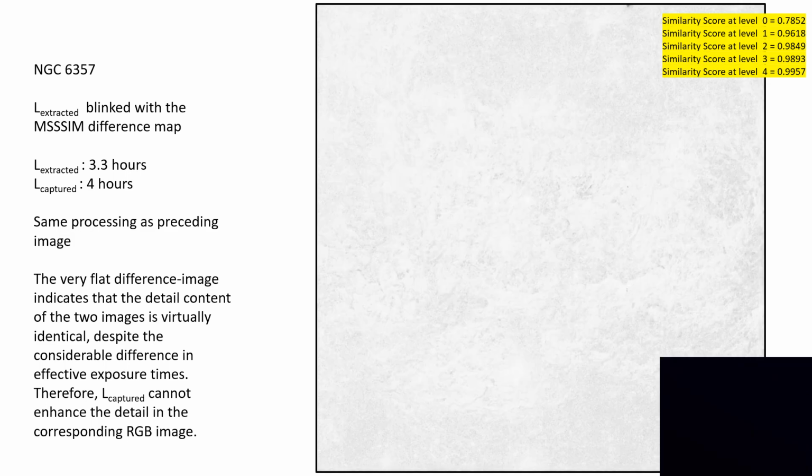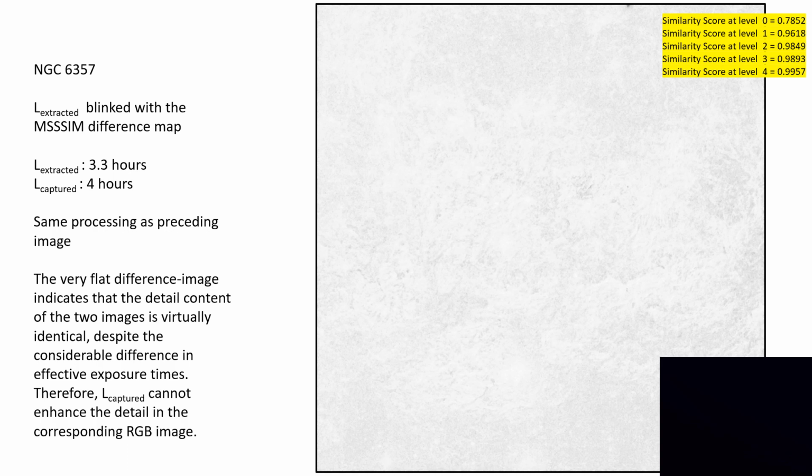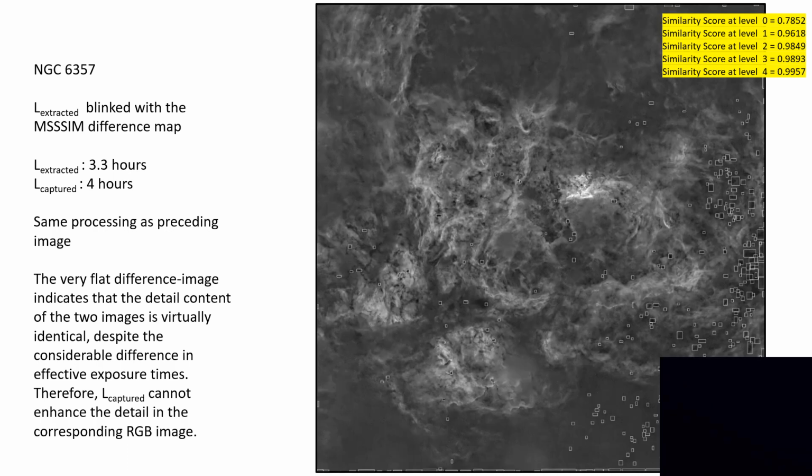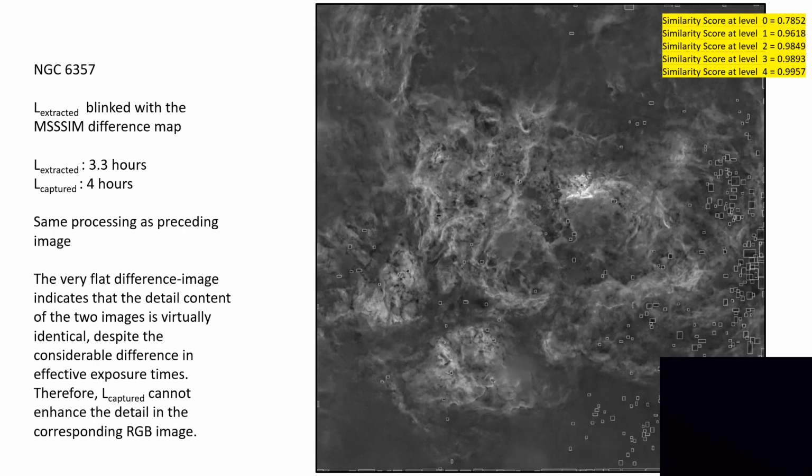There's nothing near the jet black here, but by where the boxes are, we can see that the majority of the mismatched areas, or least matched areas, are in dark areas of the image.